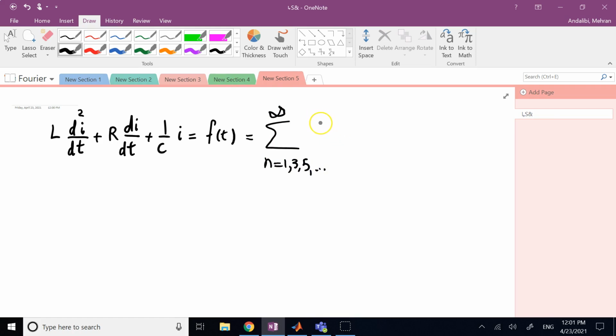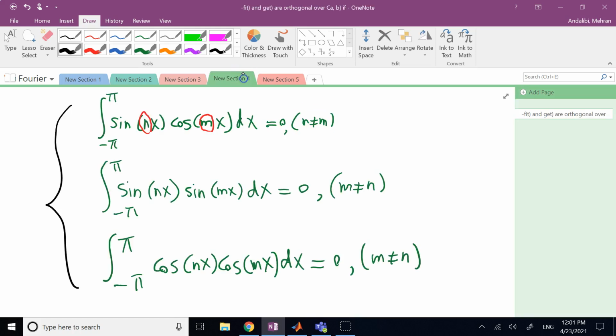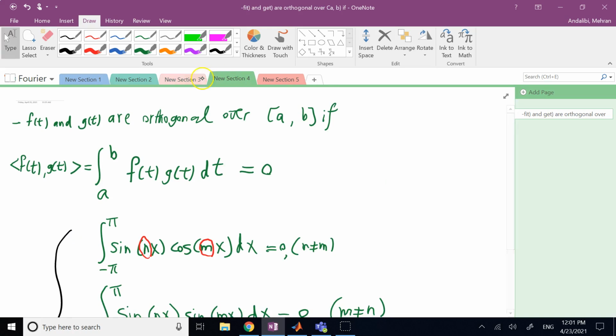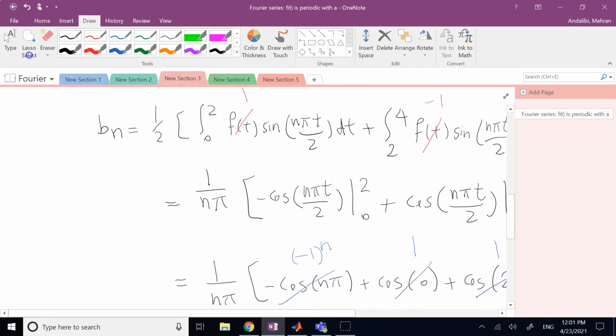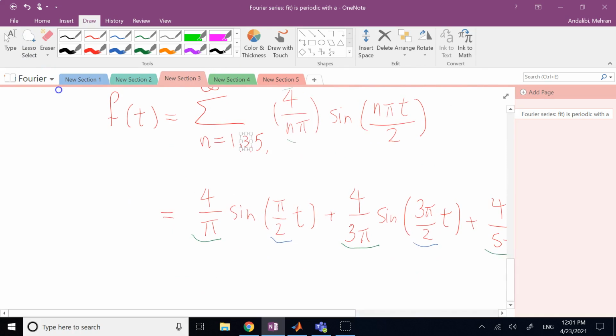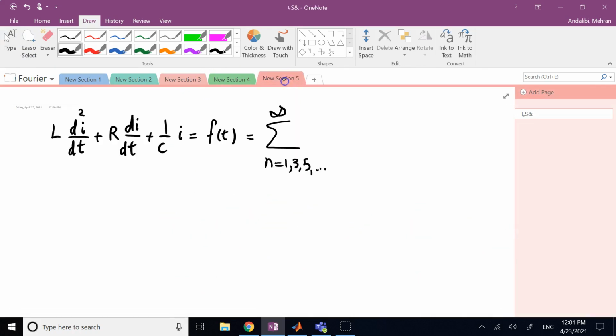It was... let me go back and check it. So it was 4 over n pi, sine of n pi over 2 times t. Okay, so I can write my square wave like that.